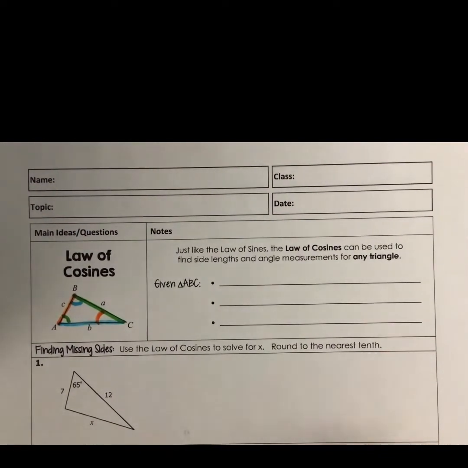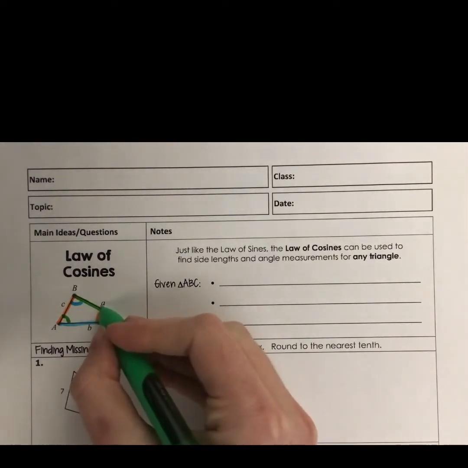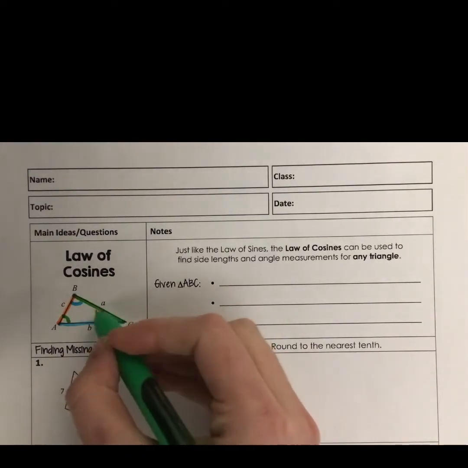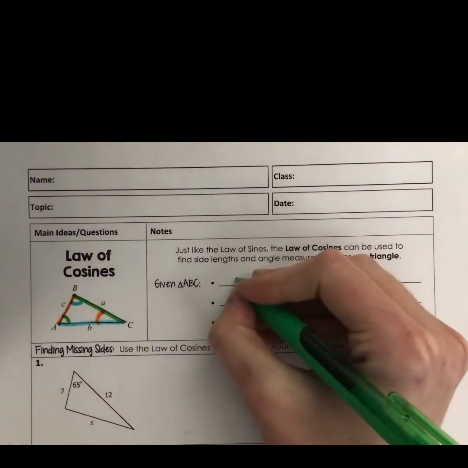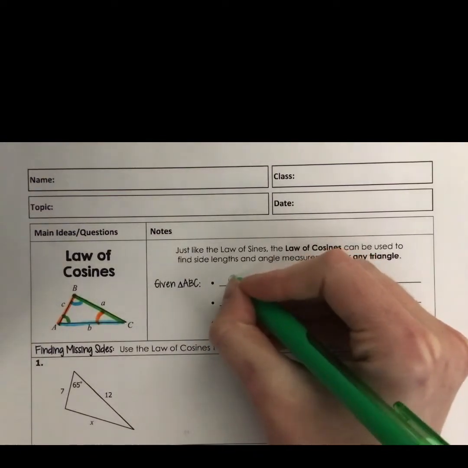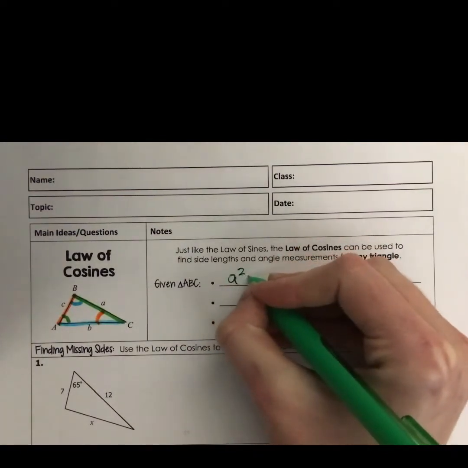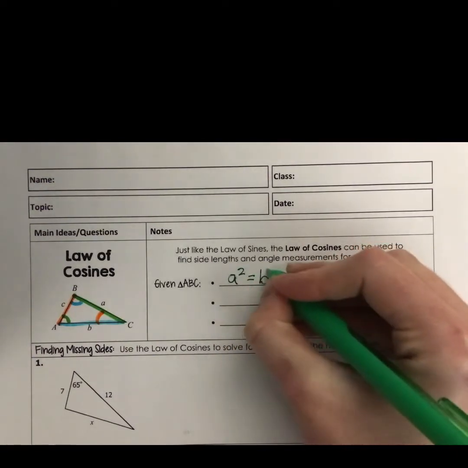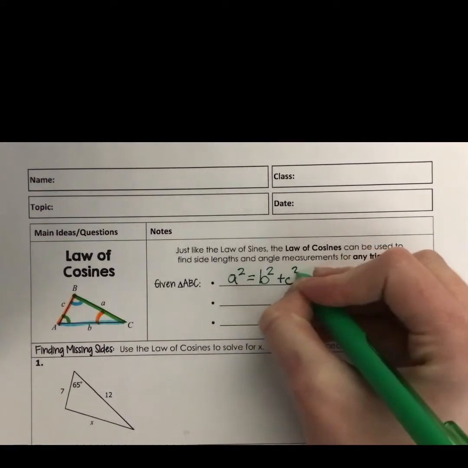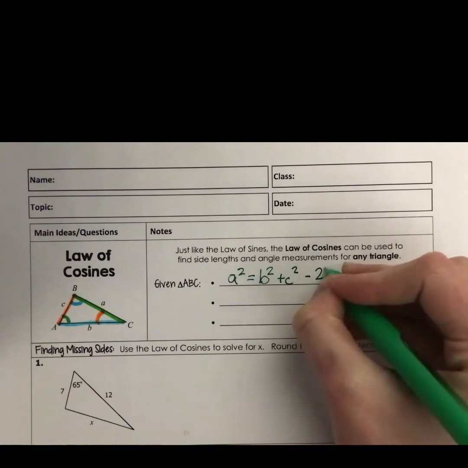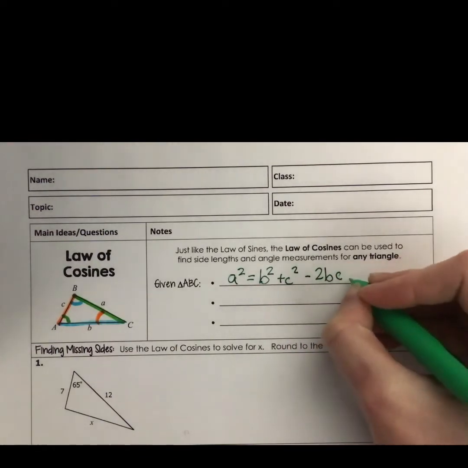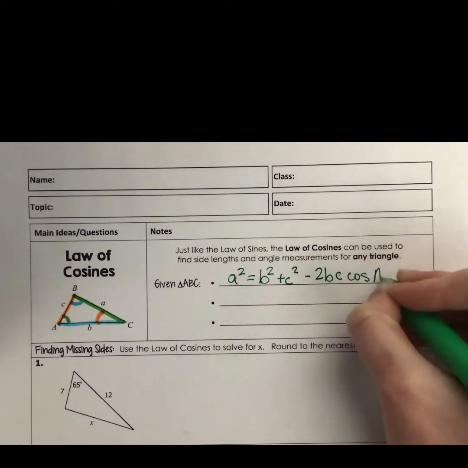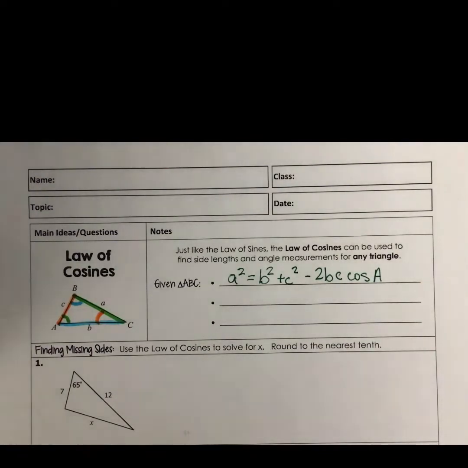And the first one is if we're trying to find something to do with A, whether it's angle A or side A, we'll want to use A squared. A squared equals B squared plus C squared minus 2BC cosine A. Now I know that looks like a lot, but thankfully these equations are all going to be very, very similar.